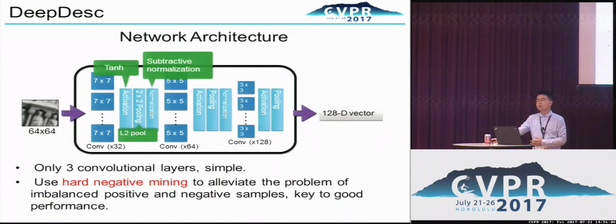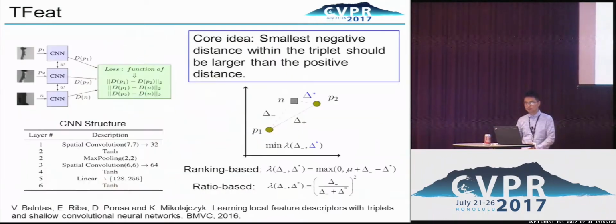To address this problem, they have proposed a hard sample mining technique to train a network. The idea is to forward enough samples to the network and then only use the samples with large errors to compute the loss gradient so as to update the network parameters.